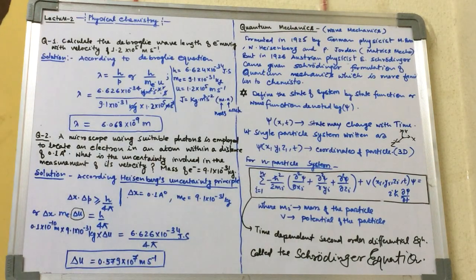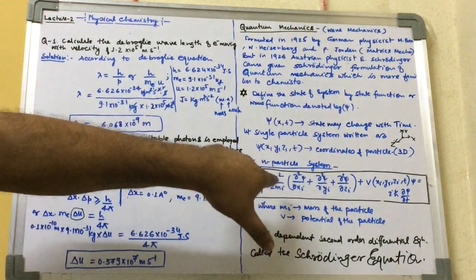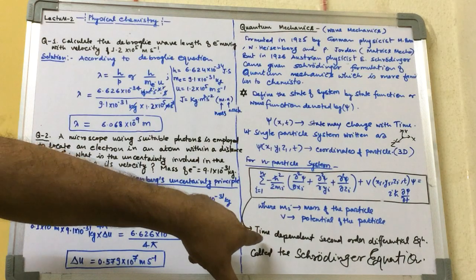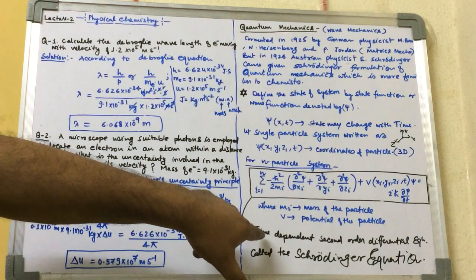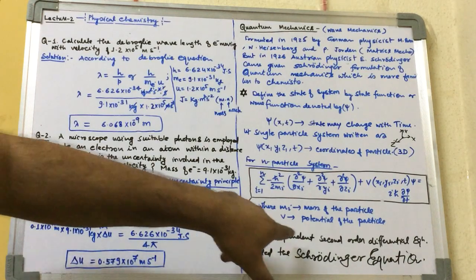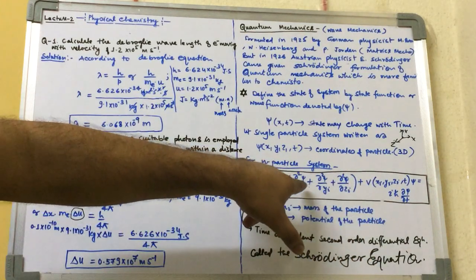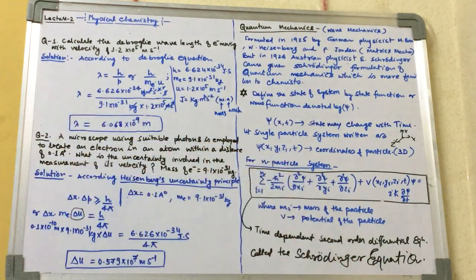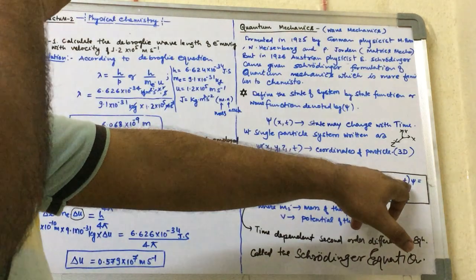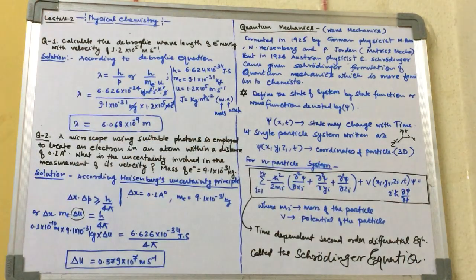So this equation is the time dependent second order differential equation, because here we have the second derivative, and it also depends on time. This is the time dependent second order differential equation, and this equation is called the Schrodinger equation.